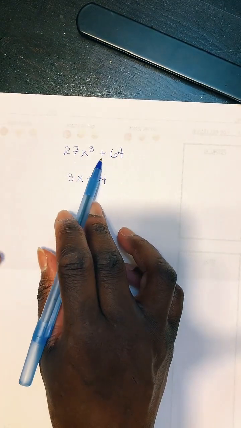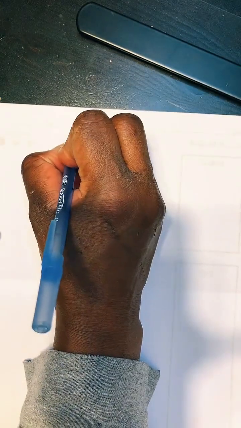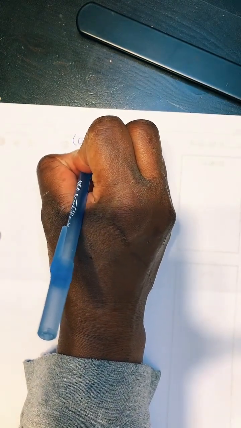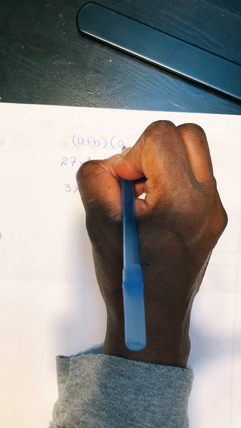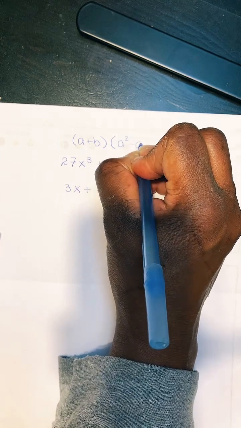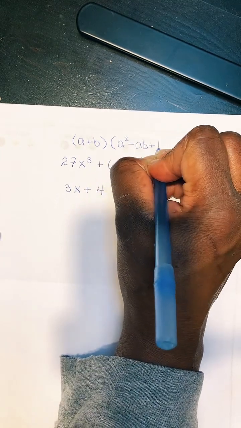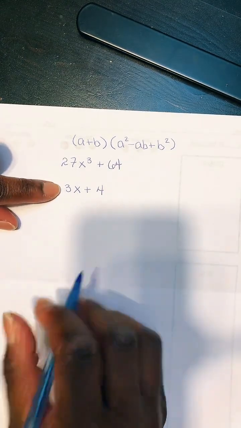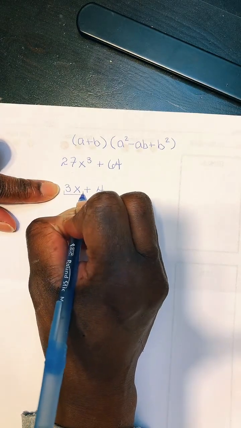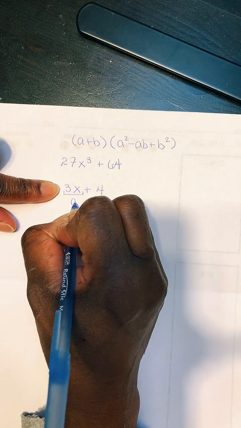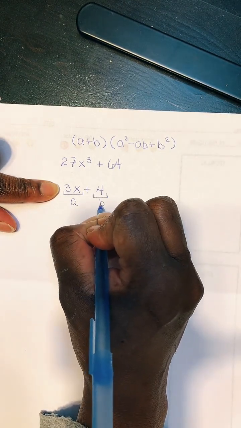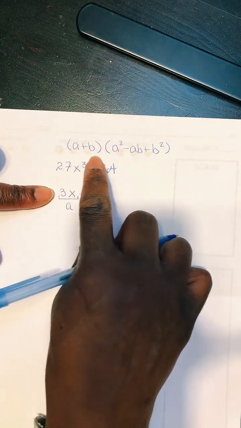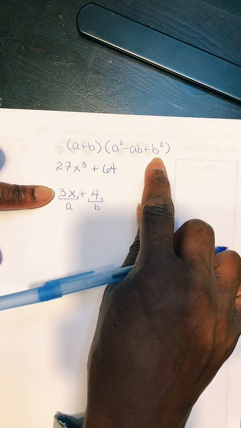So since I'm doing the sum of cubes, remember the formula is going to be a plus b, and then the second parenthesis is going to be a squared minus ab plus b squared. So what we just found, this 3x, that's going to be your a. The 4, that's going to be your b that you're going to use to substitute into the formula.